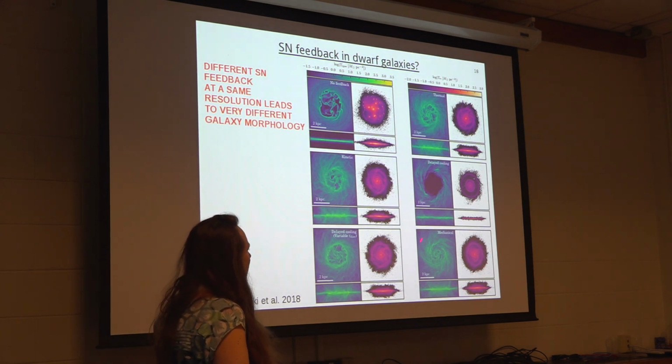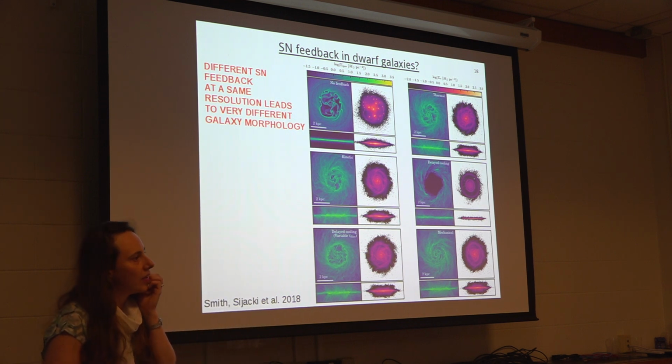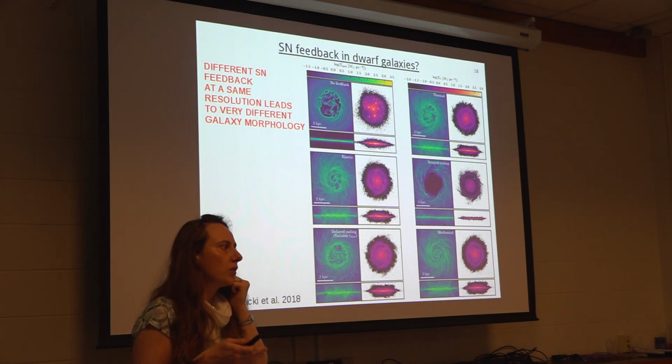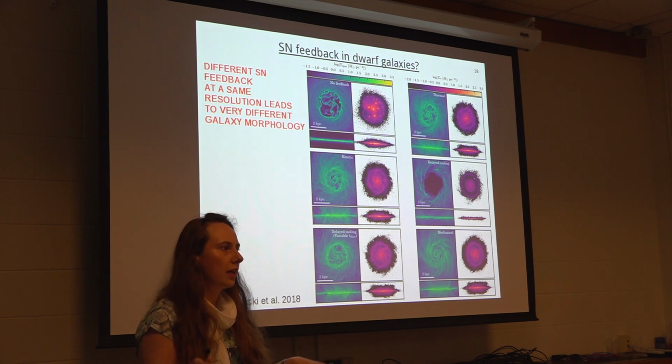And the final model, which is perhaps the most interesting, which here I label as mechanical, is the one where, if I'm resolving the Sedov-Taylor phase of supernova explosion, I just don't do anything, I just dump the energy that I have there.